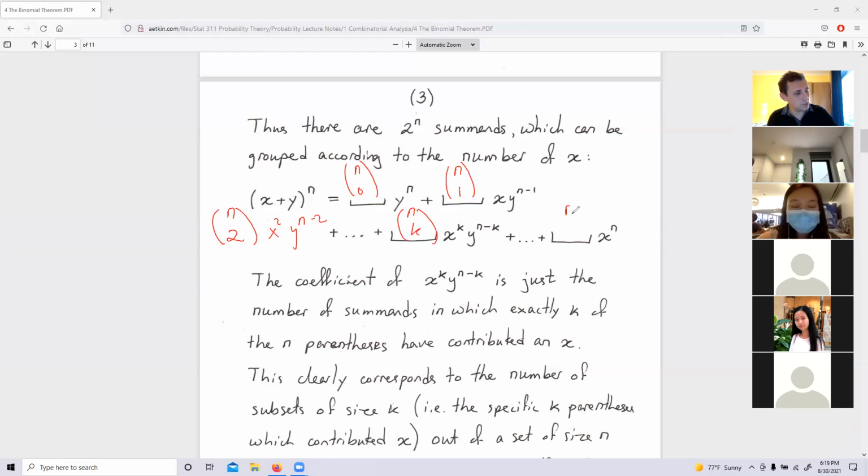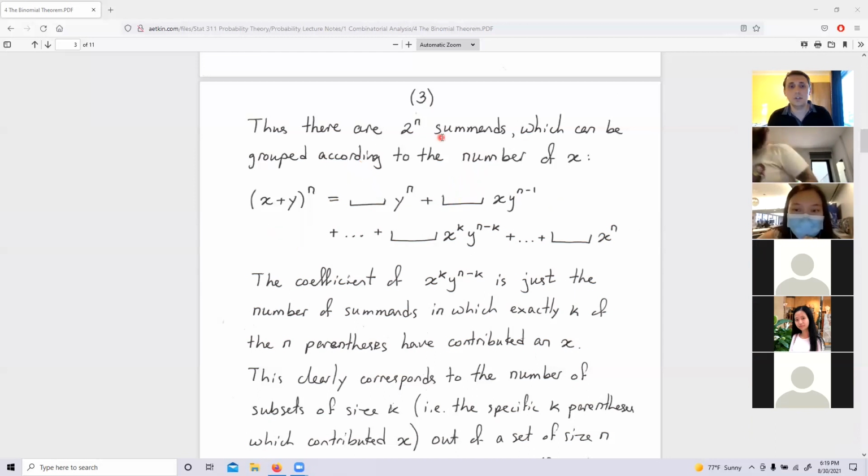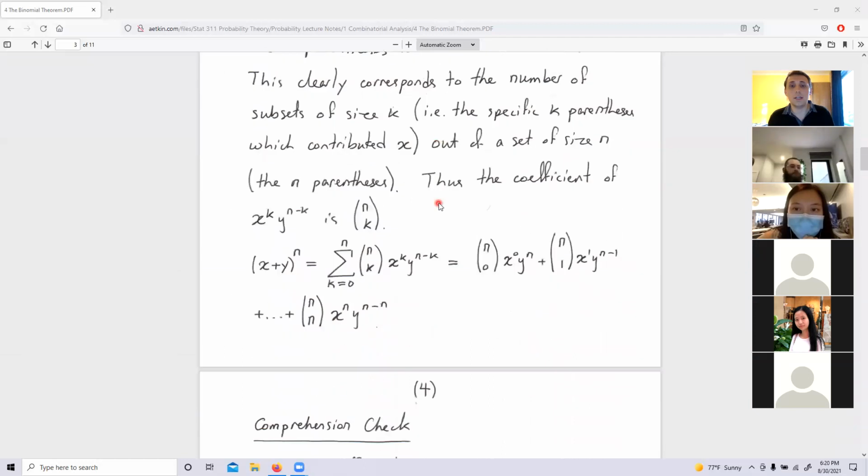And the last one is, of course, n choose n, because all of them were contributing an x. Good. Here you can see that situation in expanded form. N choose 0, n choose 1, all the way to n choose n.